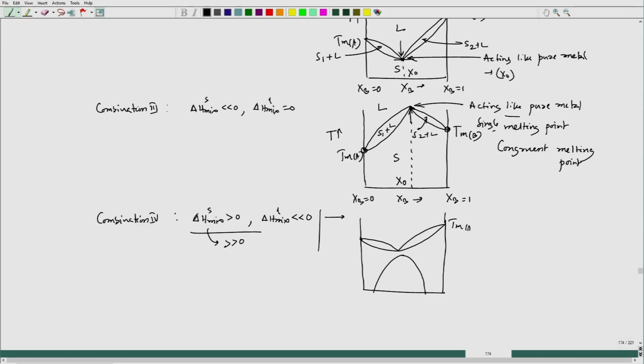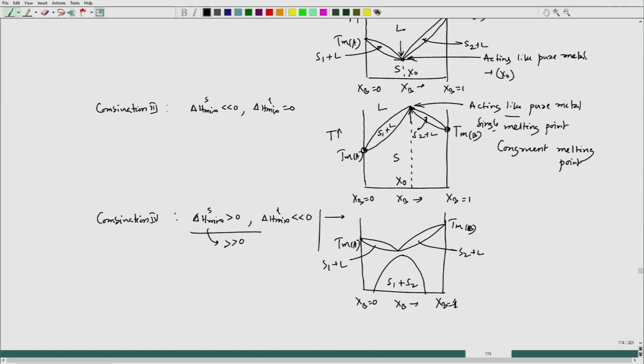This is TM A, this is TM B, this is x B equal to 1 and here x B equal to 0, x B is varying this way. So, we have said that this is S1, S2, this is S1 plus liquid, this one is S2 plus liquid.